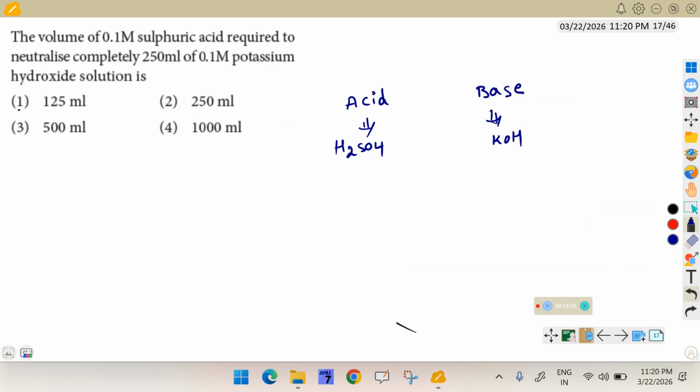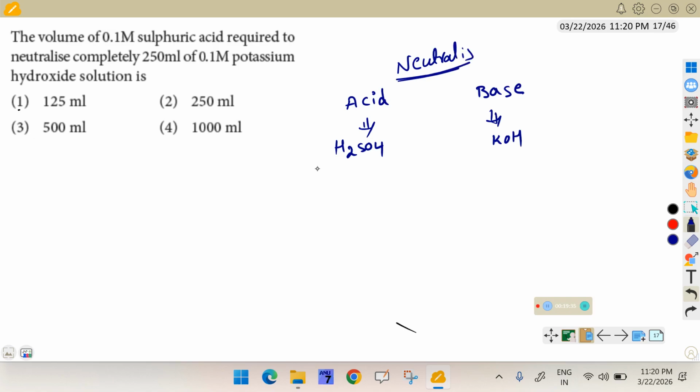The volume of 0.1 molar sulfuric acid required to neutralize completely 250 ml of 0.1 molar potassium hydroxide is. Okay, neutralization takes place. Acid combines with base, that is a neutralization reaction.